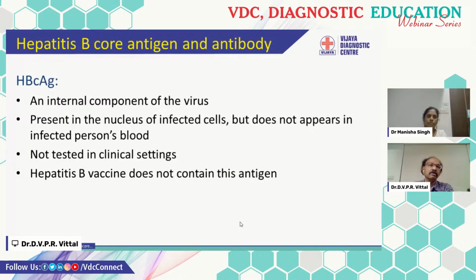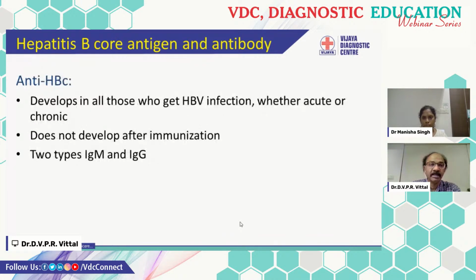Now, let us go to the next antigen, which is the core antigen. This is an internal component of the virus, and it persists in the person's body as well as in the liver cells, and it can be demonstrated by immunofluorescence in the liver cells, but this is not released into the blood. Hence, this particular antigen cannot be tested for. Now, hepatitis B vaccination also gives anti-HBs antibodies, but not core antibodies.